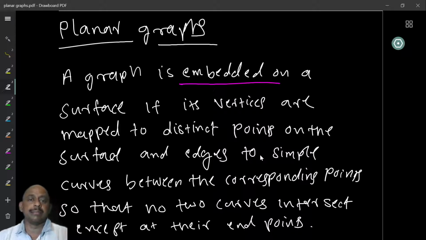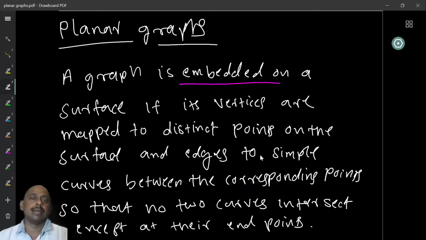When I say simple curve, these are actually more technical terms which I don't want to go into the details. But for the time being, just take it for granted that a simple curve is a curve which does not intersect itself. So we take simple curves between the corresponding points, and we don't want any two curves to intersect except at the vertices where they have their endpoints.